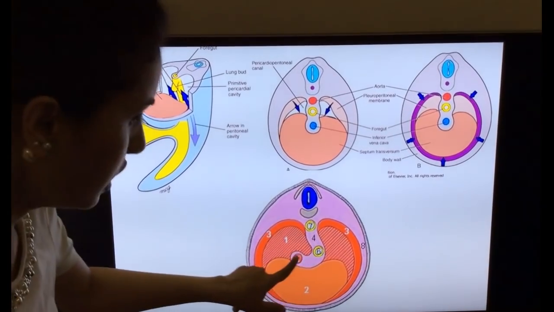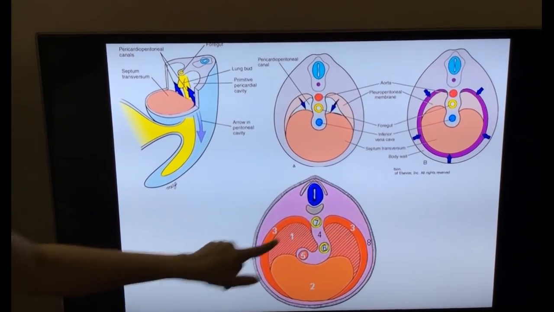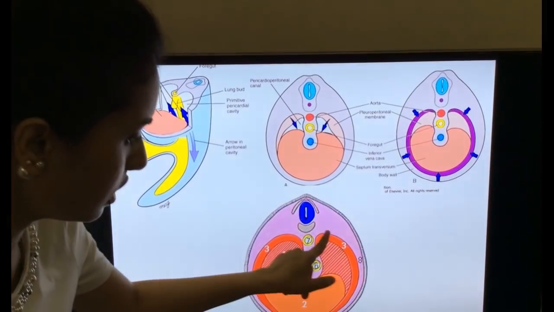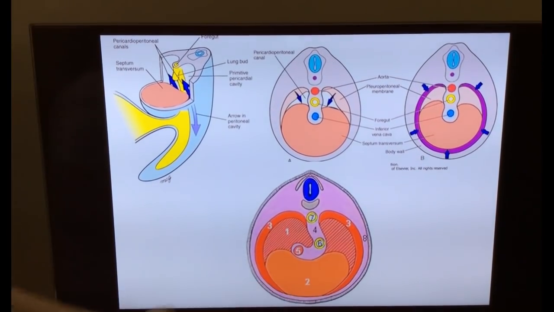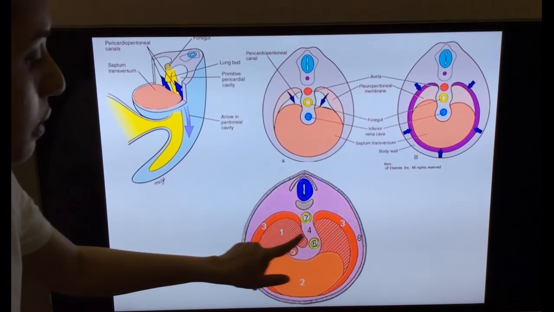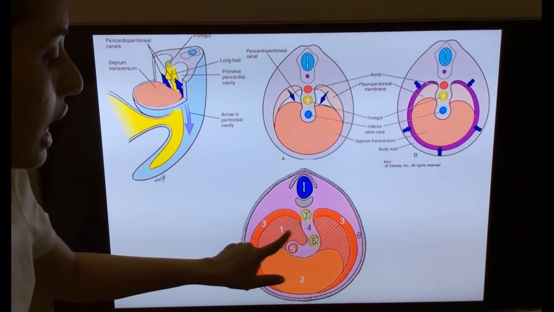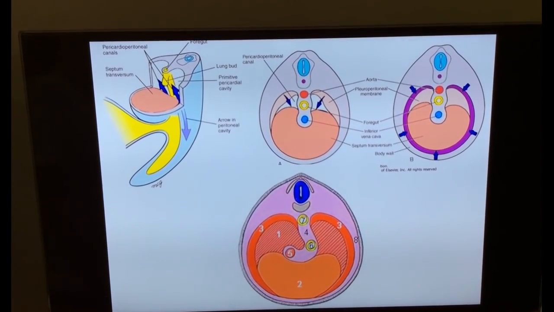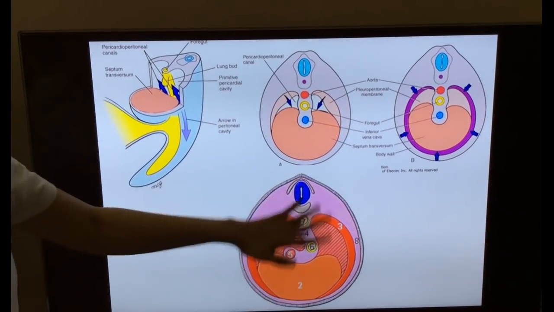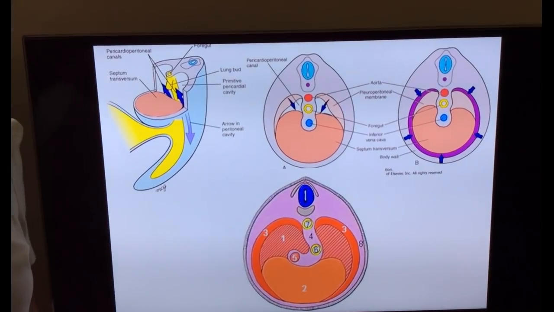So there will be three openings here. Number 3 represents the muscular somites, which give rise to the muscles of the diaphragm. Number 1 represents the pleuropericardial membrane. Number 2 represents the septum transversum. So this is the development of the diaphragm.